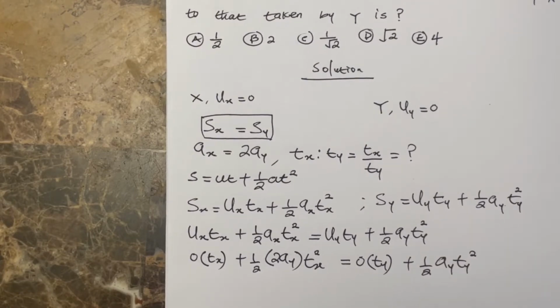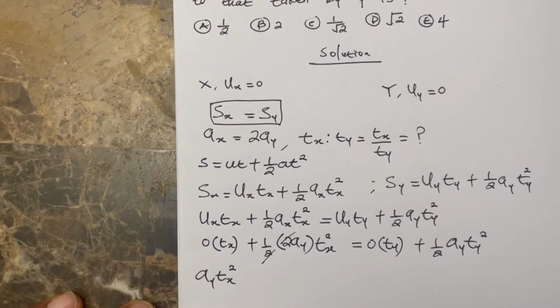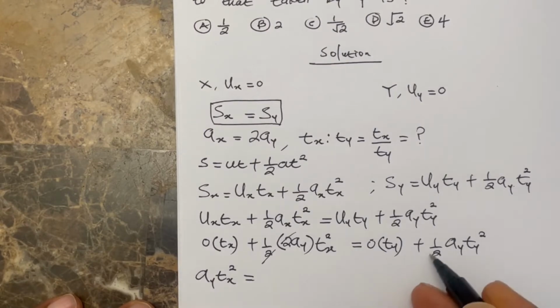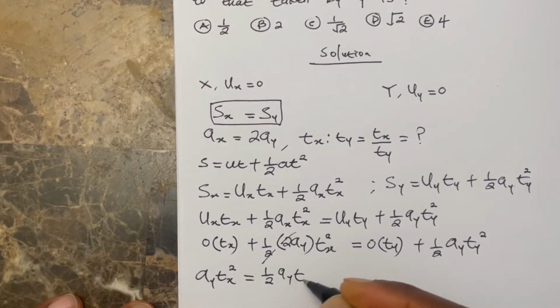Now, if you do this very well, 0 multiplied by t is equal to 0, so that goes off. 2 cancels out 2 here. So what I'm left with on the left hand side is ay tx squared, and that will be equal to half of ay ty squared.